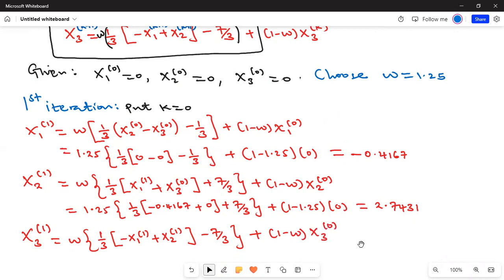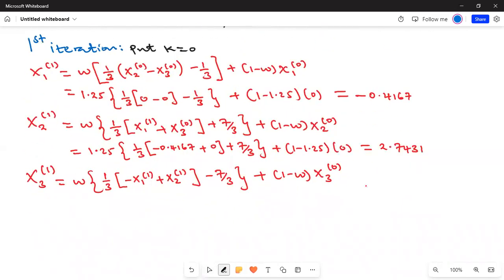Let us substitute. That will give us 1.25, 1 over 3.